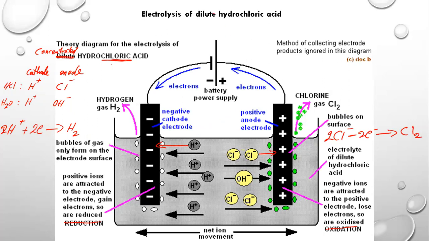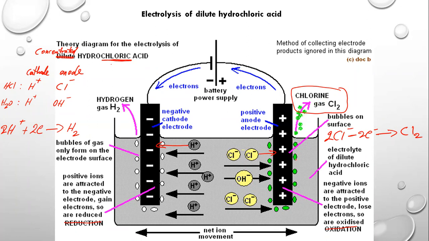Yes, someone was about to say something. Go ahead, please. Teacher, right here, you see the chlorine gas. It bubbles out, right? Yes. Now, does it bubble out after it attaches to the anode? Yes, of course, it is formed at the surface of the anode.